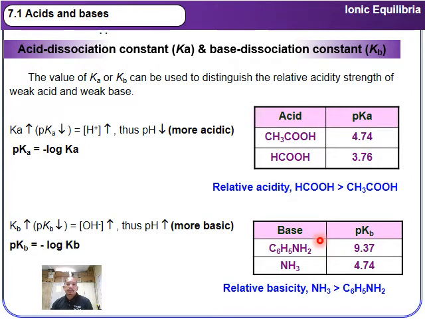For example, C6H5NH2, aniline, and NH3, ammonia. Aniline has a pKb value of 9.37, while ammonia has a pKb value of 4.74. So NH3 is a stronger base than C6H5NH2. So the pKb is equal to negative log Kb.